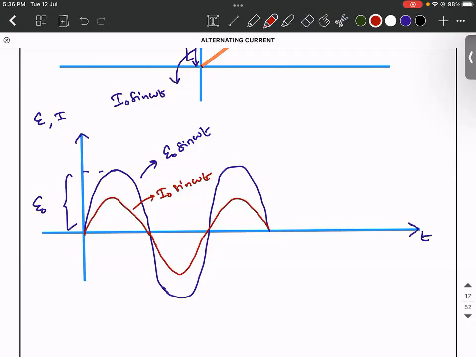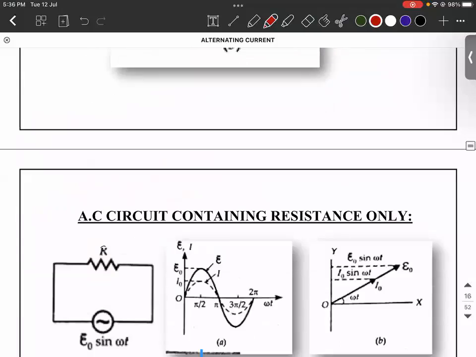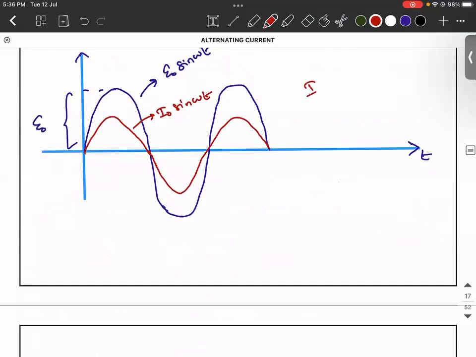So this is the meaning of being in phase. Am I clear with this? So this will be 0, pi by 2, pi, 3 pi by 2, 2 pi, 5 pi by 2, 3 pi. It keeps on going like this.